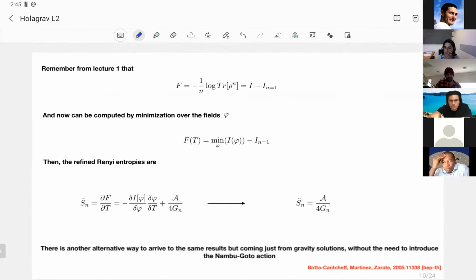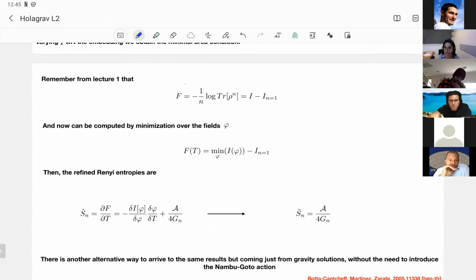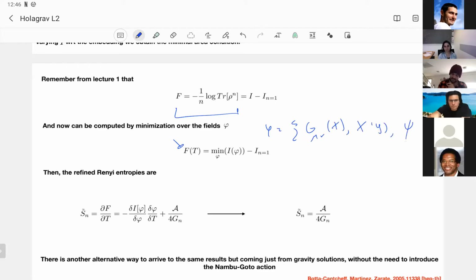And then from the last lecture, we already saw that we can think of a free energy like this quantity, trace rho to the n, quotient by 1 over n. And using this, you can minimize the free energy with respect to the fields, where the fields I mentioned are the metric, the embedding, and any quantum field that you have on top of this geometry.